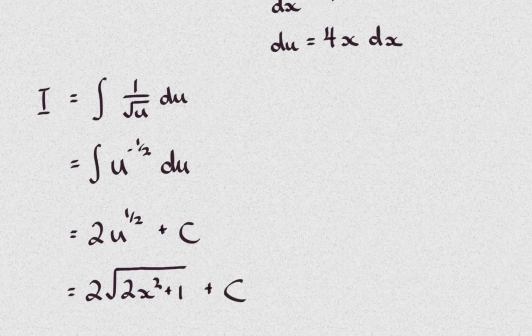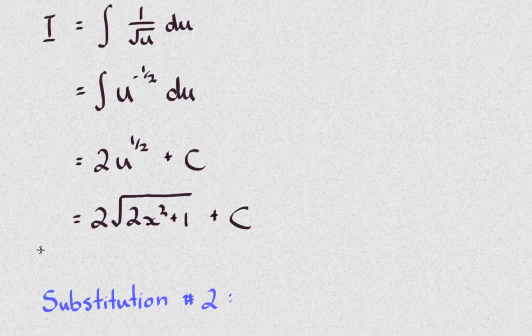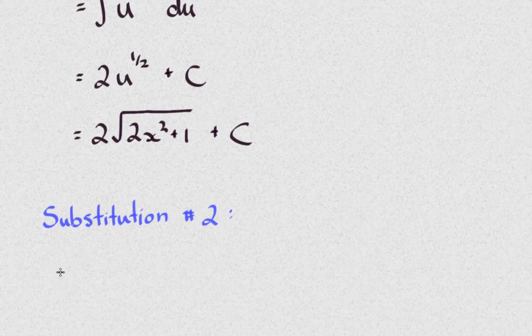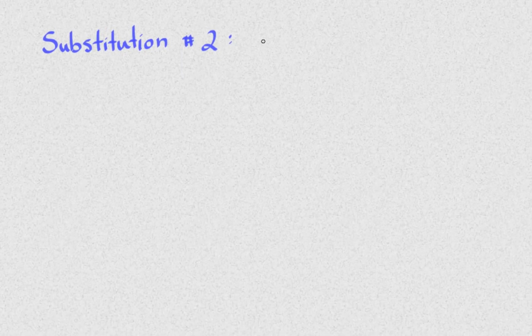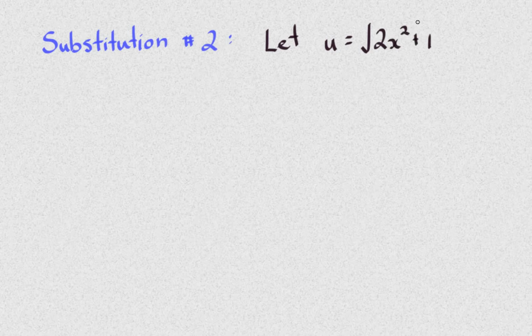Let's have a go at this question now with the other substitution, where instead of just 2x squared plus 1, we're going to let u equal the square root of 2x squared plus 1. Now, this just makes our initial derivative here a little bit trickier, but not by much. We know that this can actually be expressed all to the power of 1/2.